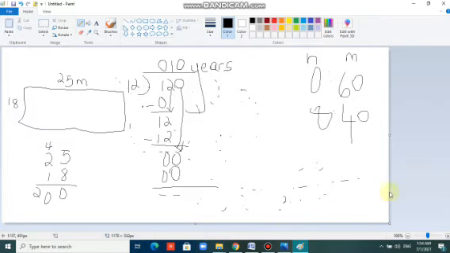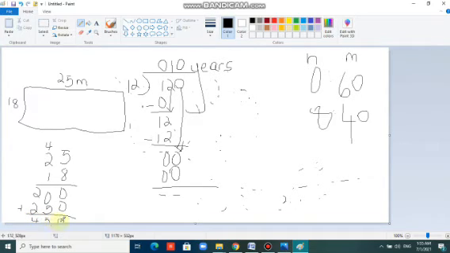So, next one. Put a placeholder. 1 times 5 is 5. And 1 times 2 is 2. Right? So we're going to add now. And when we add, we are going to get what? 0, 5 and 4.